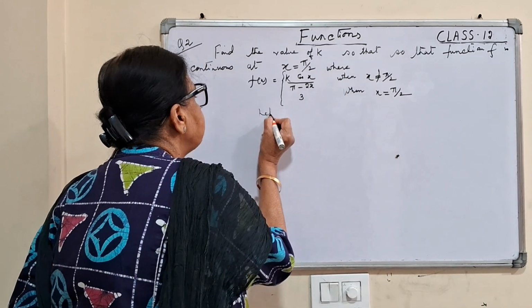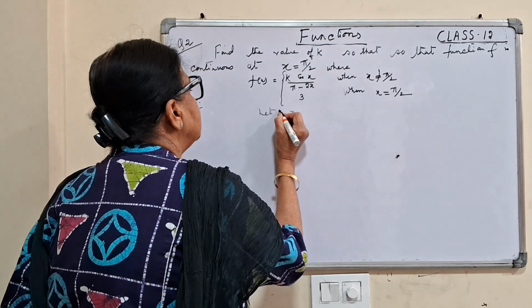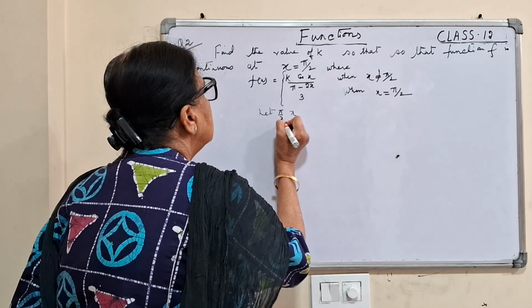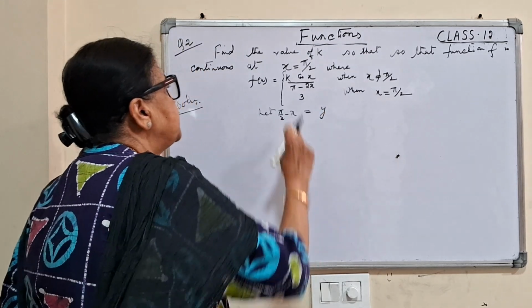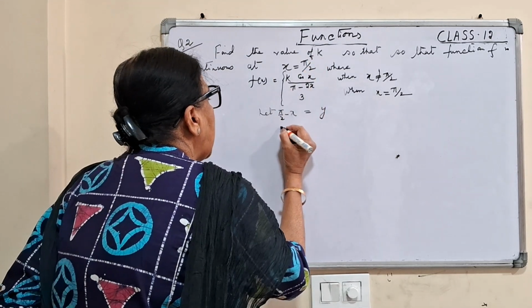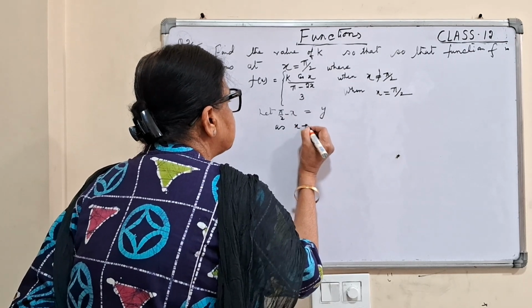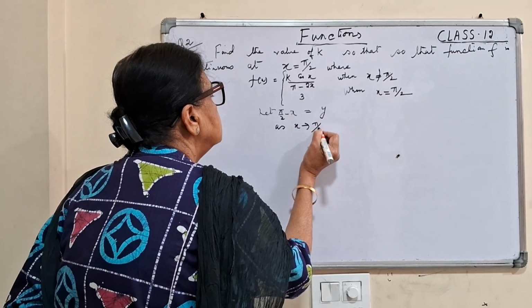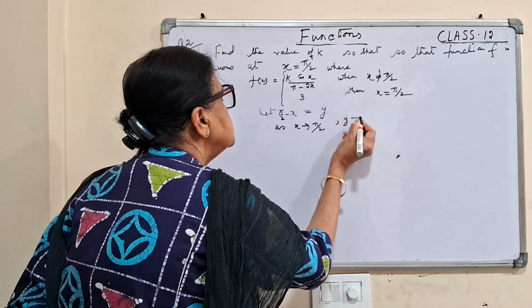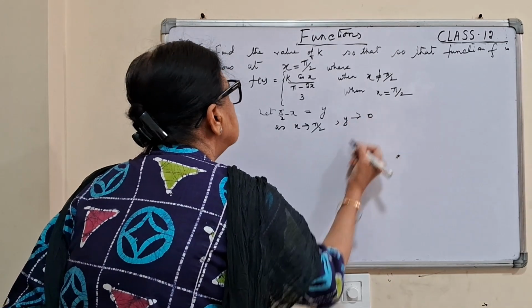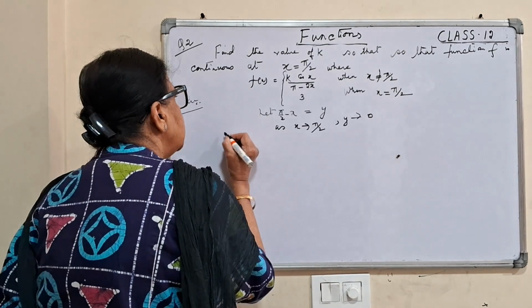Let pi by 2 minus x is equal to y. Yes, here as x tends to pi by 2, y tends to 0. So I will be changing this.